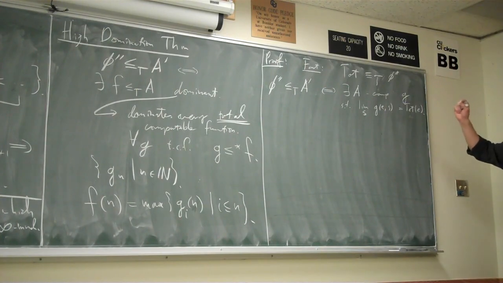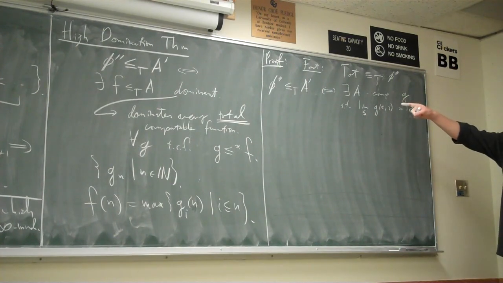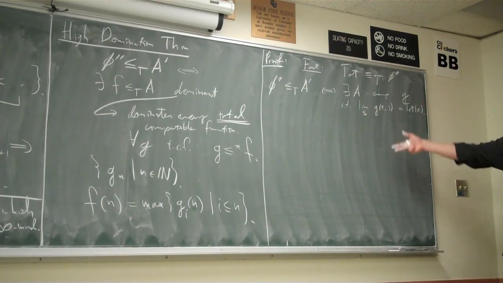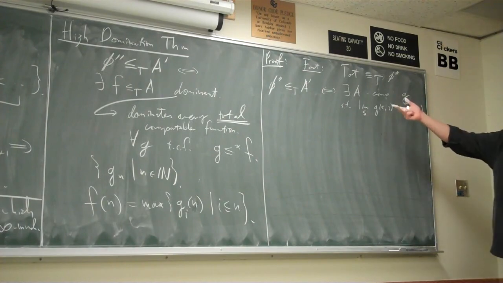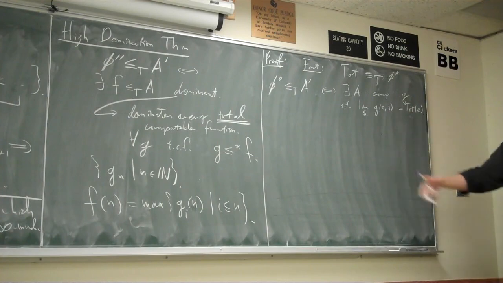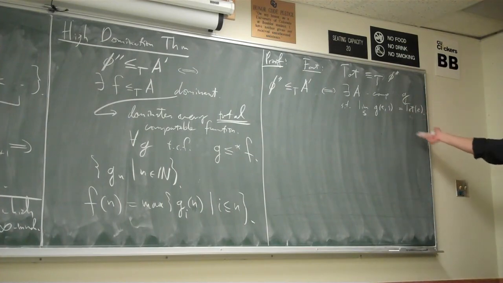But we proved this statement for a situation where A was the empty set, and this is again one of these situations where the whole proof relativizes to just taking the oracle A. Working relative to the oracle A, everything in the proof where before it says computable, you now write A computable, and the whole proof goes through perfectly fine.